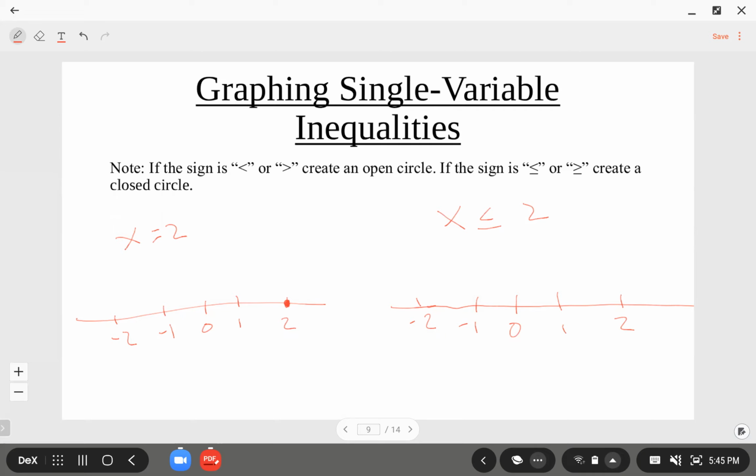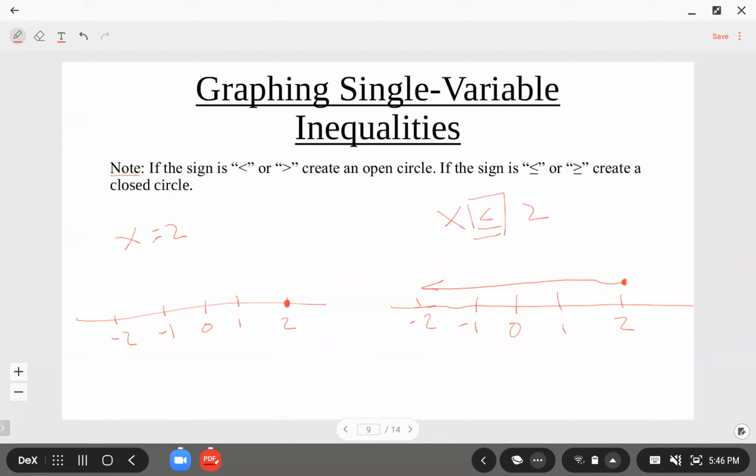This should be our graph. Now, why is this our graph? I'll give you a little note: this depends on the sign.